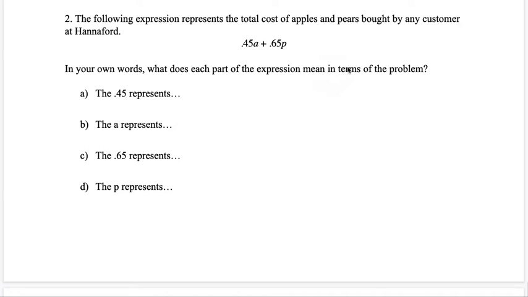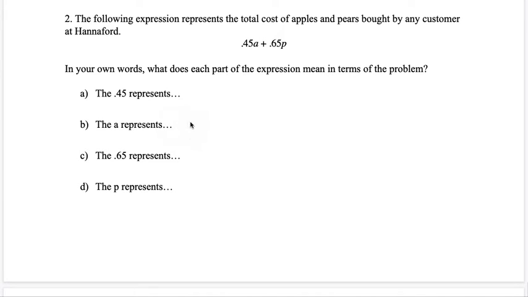All right, here's another example. Cost of apples and pears bought by any customer at Hannaford: 0.45A + 0.65P. So what does each part of the expression mean in terms of the problem? Assuming A is for apples and P is for pears, which we've got to define here as well. You could say that the A is for pears if you wanted to, it'd just be weird.